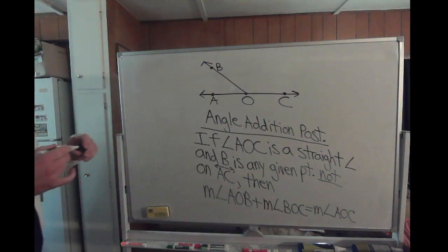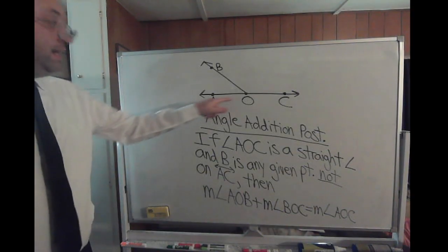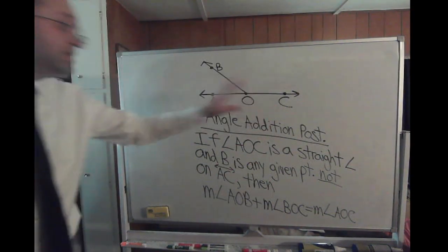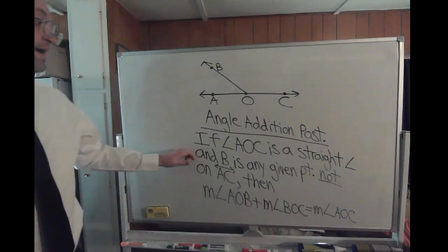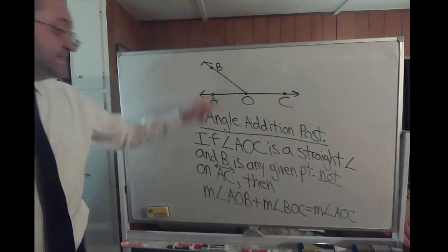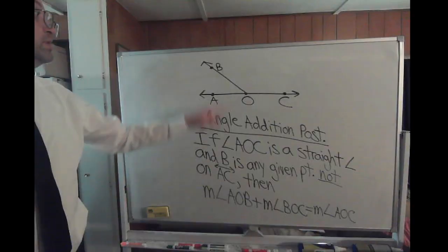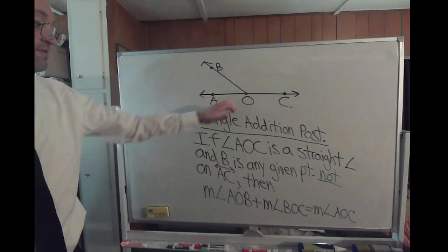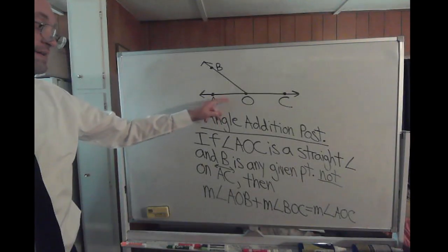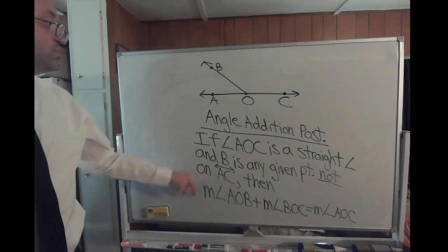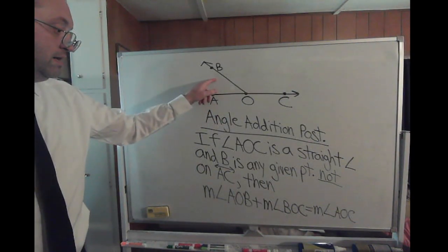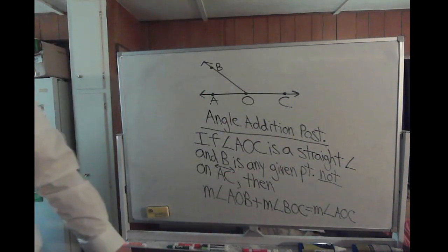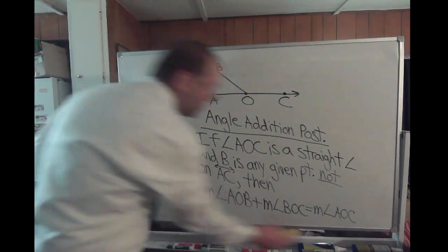Okay, so if angle AOC is a straight angle, we're just referring to the entire thing being a straight angle, and B is any given point that's not on line AC. Well, clearly it's not on line AC, it lies on ray OB, which is outside of line AC. Then the measure of angle AOB plus the measure of angle BOC equals, this should say 180.